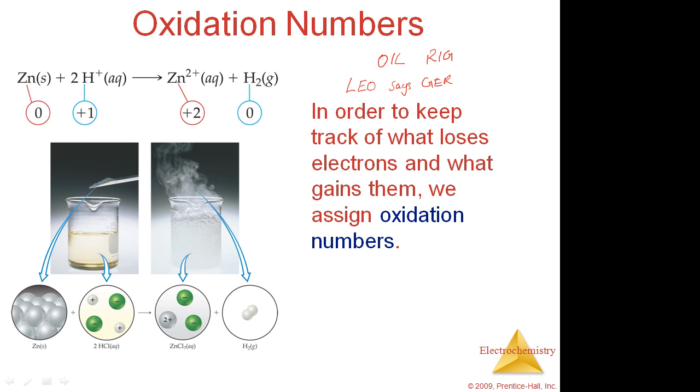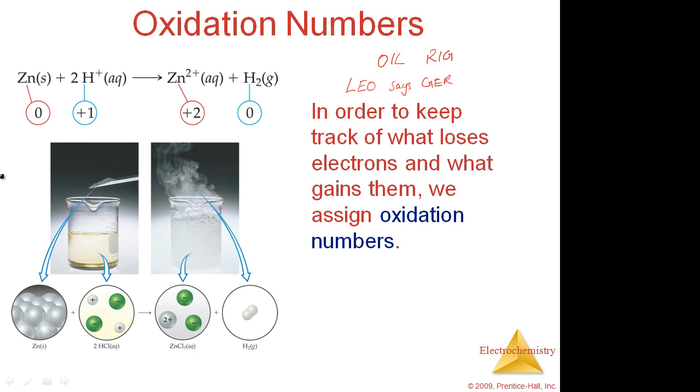So in this reaction, solid zinc and 2 hydrogen ions forming zinc 2+ and H2, the oxidation numbers are assigned. Do you remember how we assign oxidation states? I know this was done so early in the previous semester and you might have done it a long time ago.